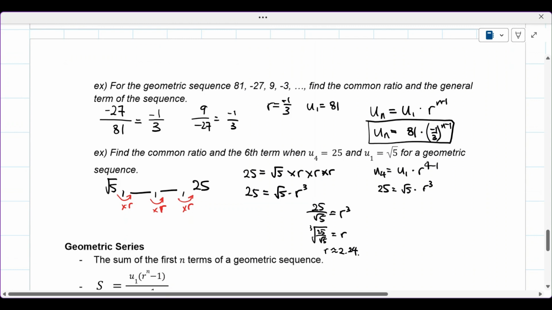I have a feeling that this number might be a square root of something, and that's why we have this irrational number. So maybe I can try to assume, what if I square both sides? So let's square this entire thing and get 5. Apparently, 2.24 approximately, squared was 5. Then what can I conclude about actual r? My r value will be square root of 5.